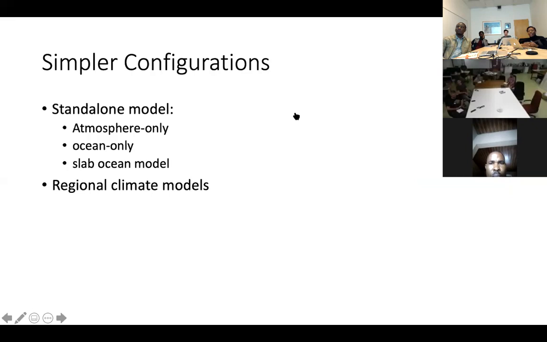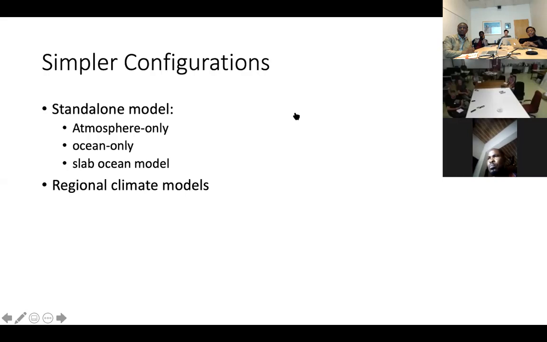For example, all the atmosphere would care about from the ocean is the sea surface temperature. So an atmosphere-only model is the full atmospheric model, but with boundary conditions from the ocean, in terms of SSTs, prescribed, and the land changes are prescribed too. So you don't have a dynamic ocean responding at the same time, but you fix the boundaries and see what happens.